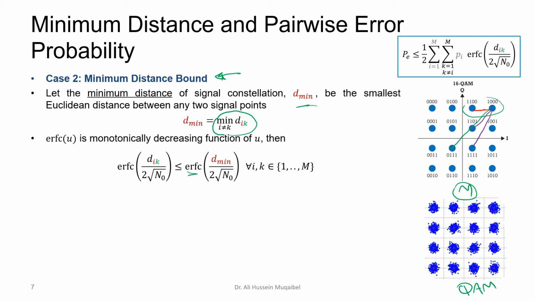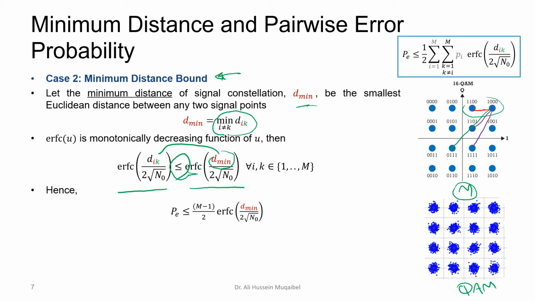So decreasing d min means it's going to increase. So this part is a higher value than this. Although d min is smaller than d_ik, the error function itself is a decreasing function, so decreasing the argument will increase the function. This is why we're saying this is greater than or equal.